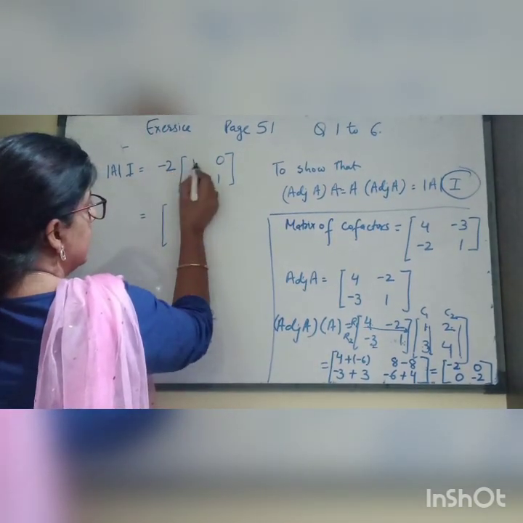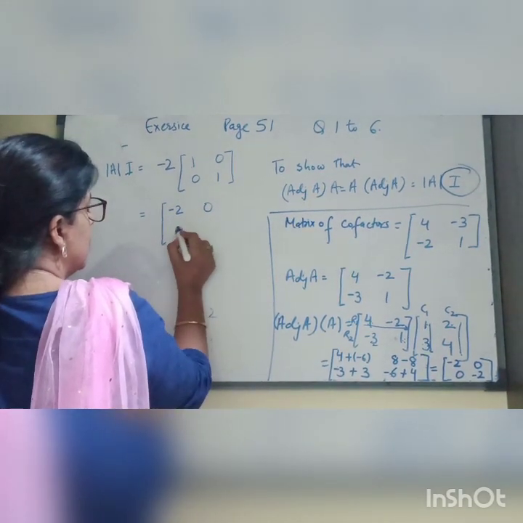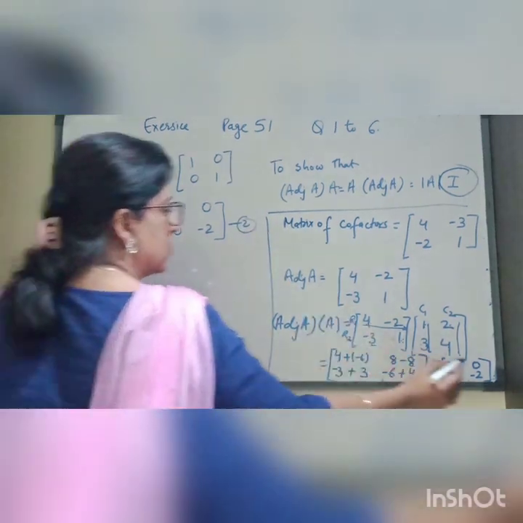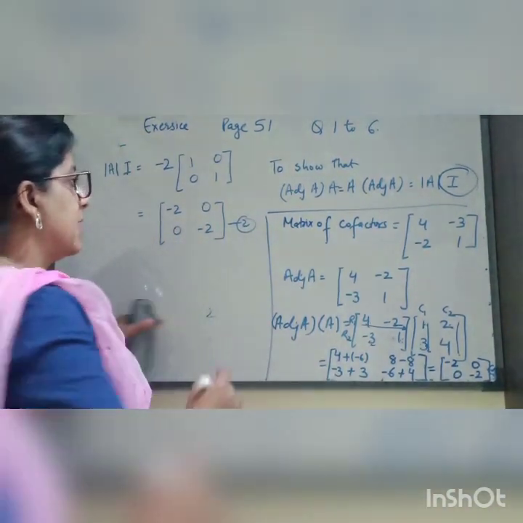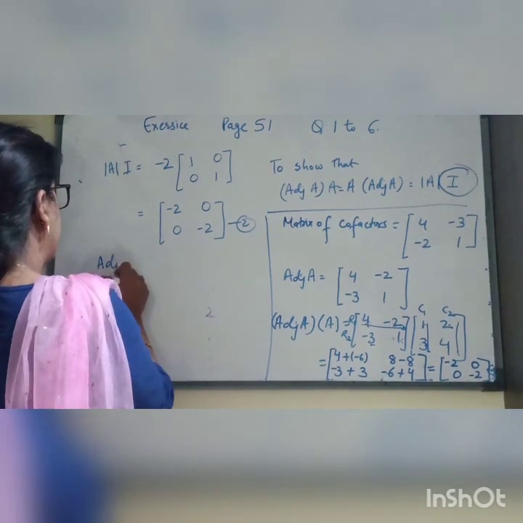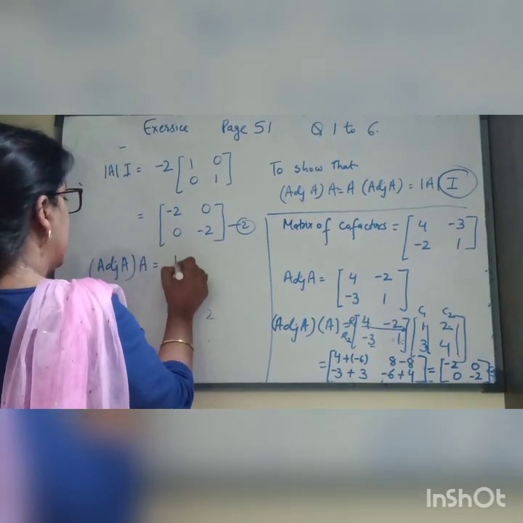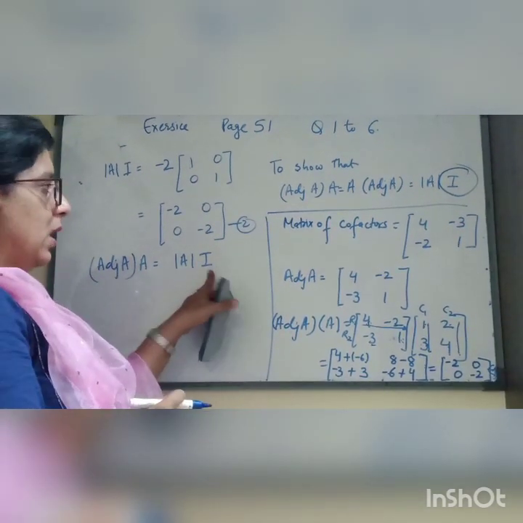Multiply this scalar by this matrix, so -2, 0, 0, -2. So you can see here that from the first and second I can write adjoint of A multiplied by A equals determinant of A into I.